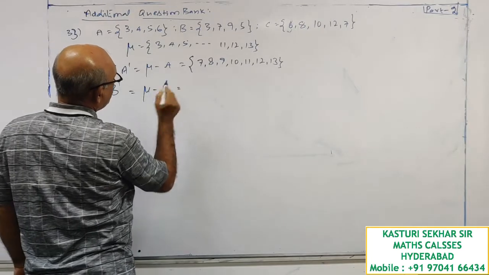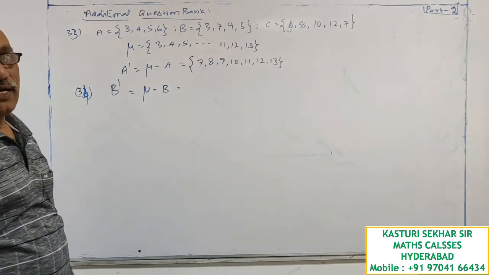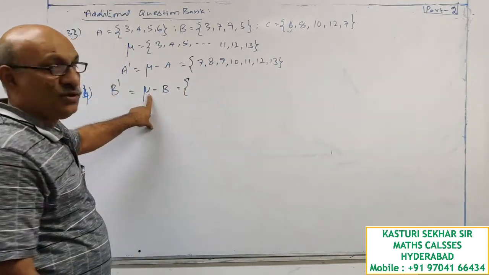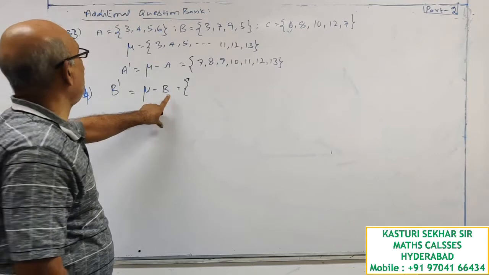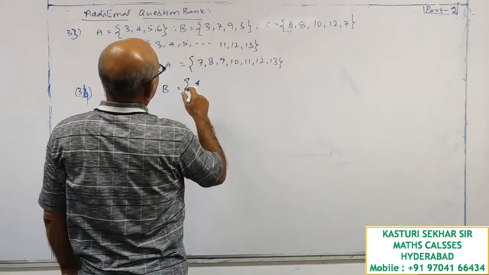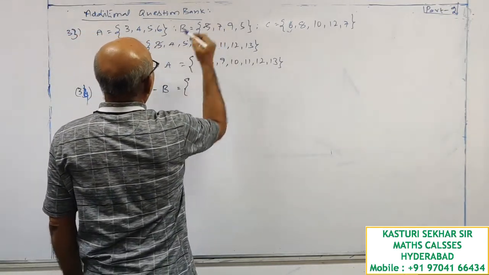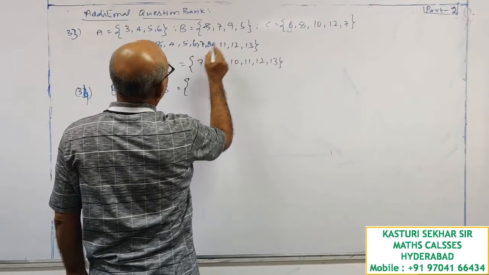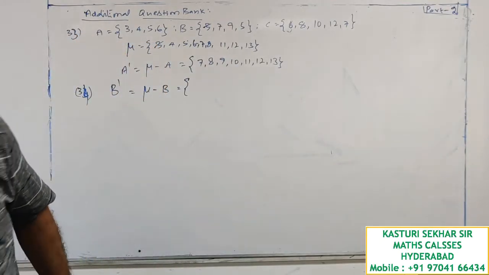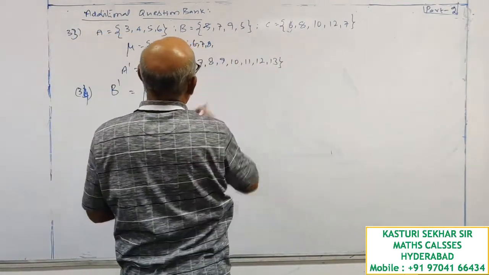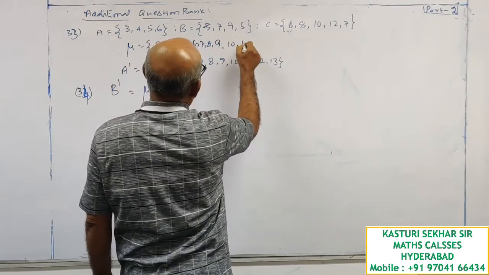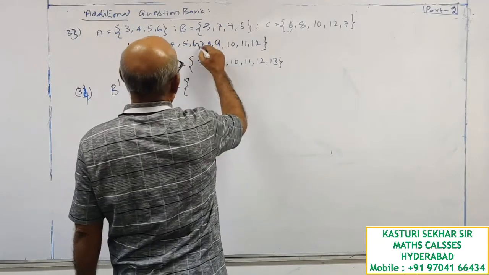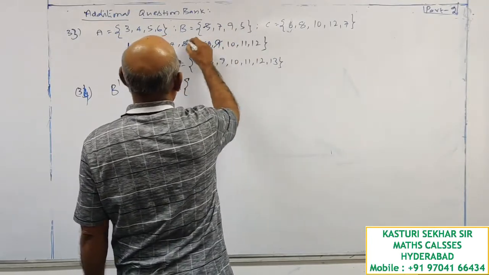B complement is equal to universal set minus B. It means elements which are in the universal set but not in set B. So 3 cancel, 7 cancel, 9 cancel, 5 cancel.